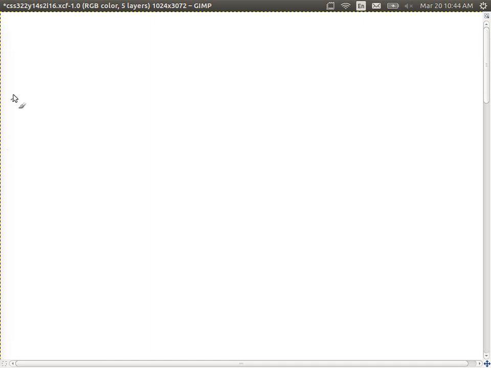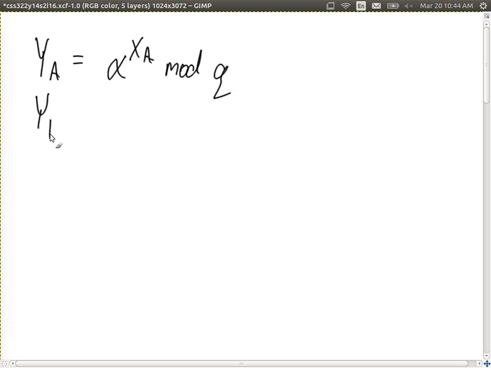Let's write down the steps that are used. For example, YA is alpha to the power of XA mod Q. What else do we have? YB is alpha to the power of XB mod Q. These are the equations used in the algorithm, and they are known.